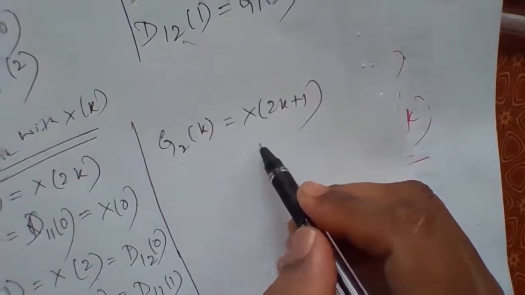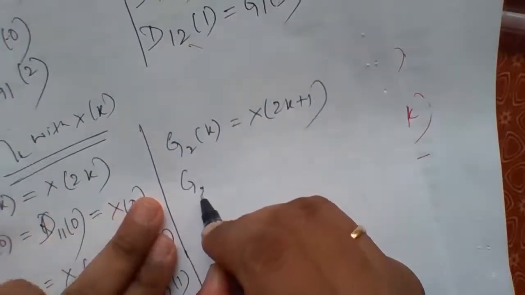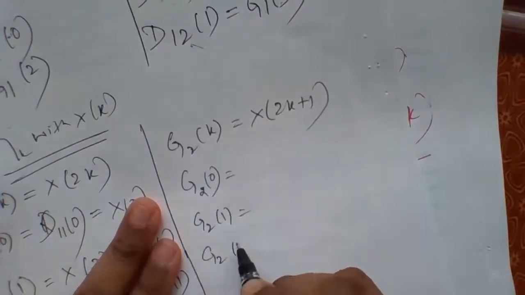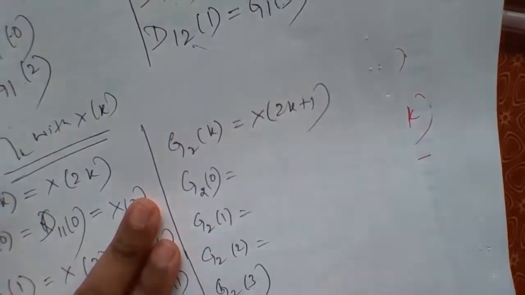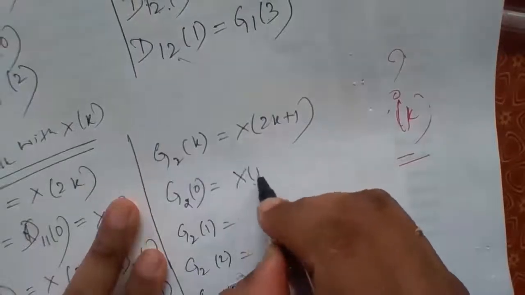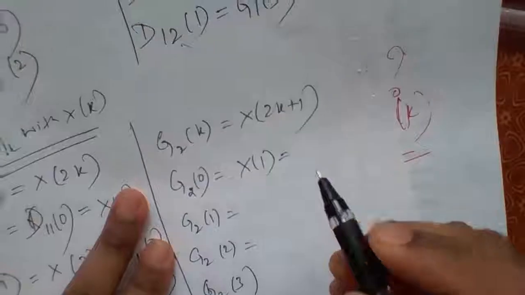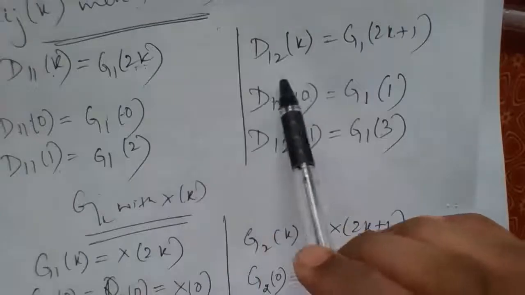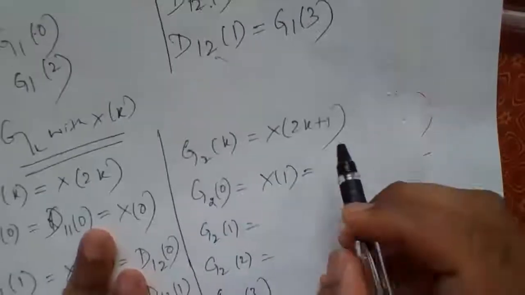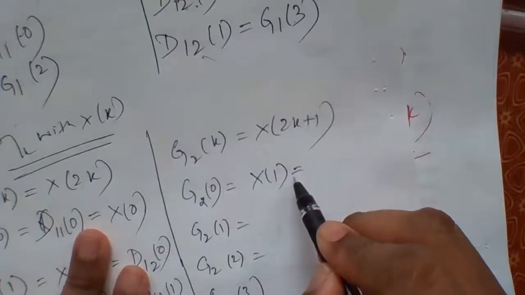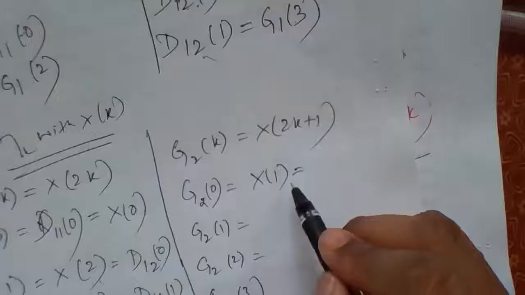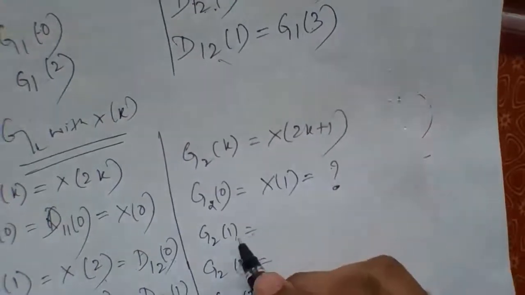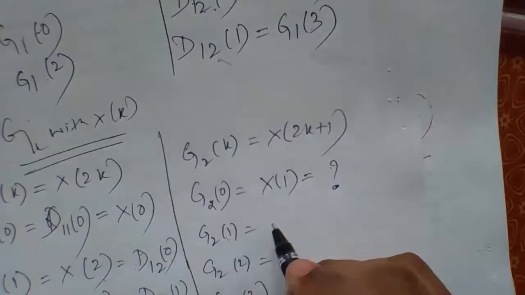Going to the other part, I'm relating G2 of 0, G2 of 1, G2 of 2, then G2 of 3. G2 of 0 is nothing but X of 1, and you have to do it with the D2 series. Similarly, G2 of 1 will be equal to X of 3.